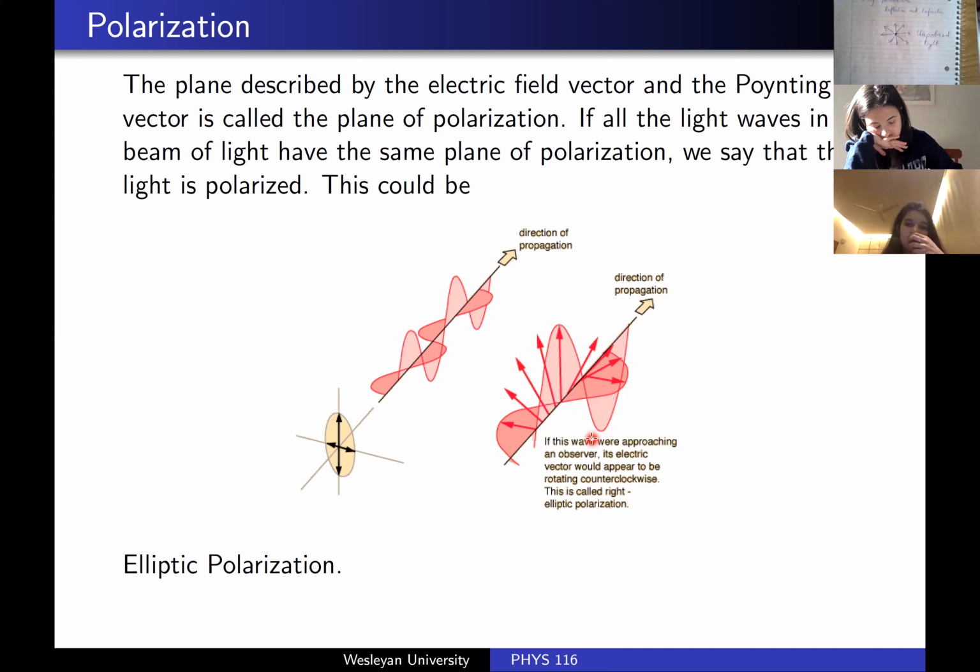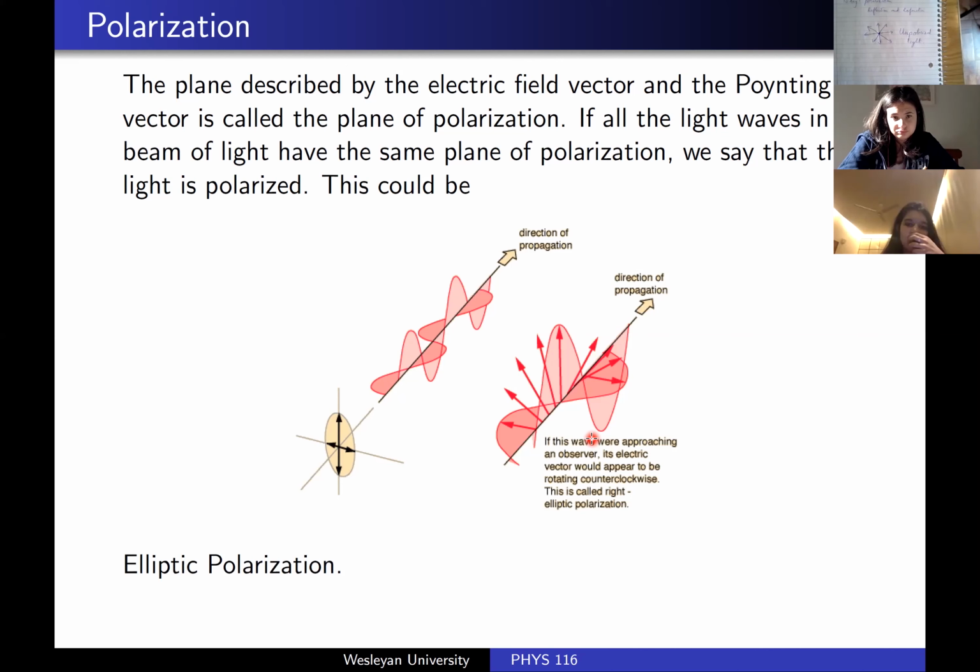And what happens is that there are materials that you can have unpolarized light be incident on. And what they will do is they will only let one polarization through.